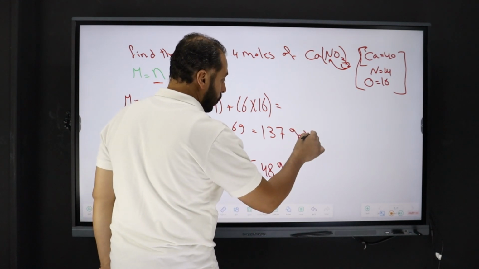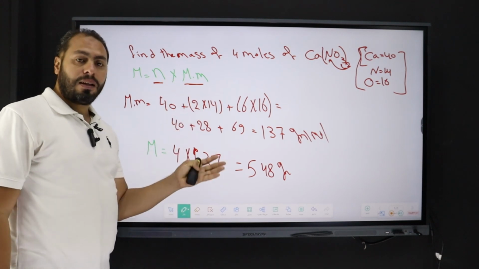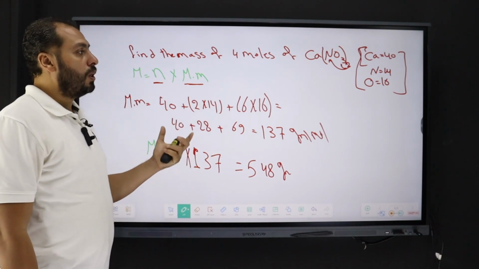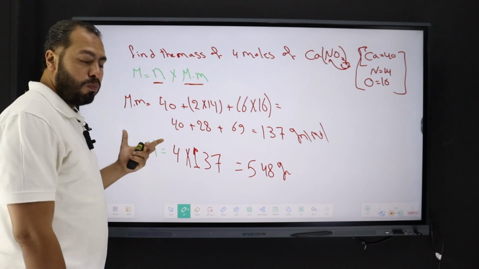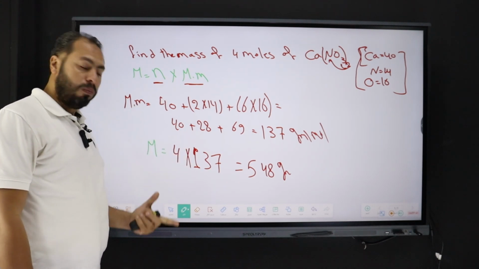Okay, so these are examples of the rule of moles. The number of moles equals mass divided by molar mass.